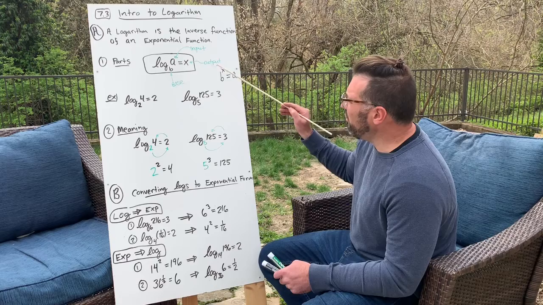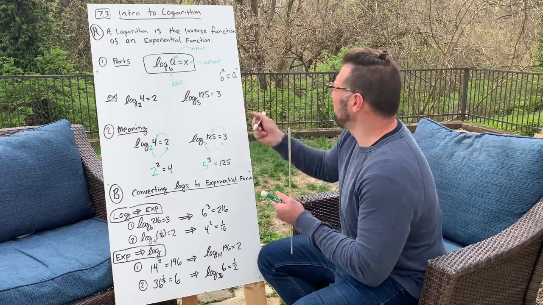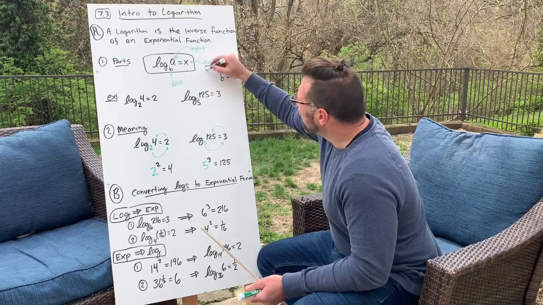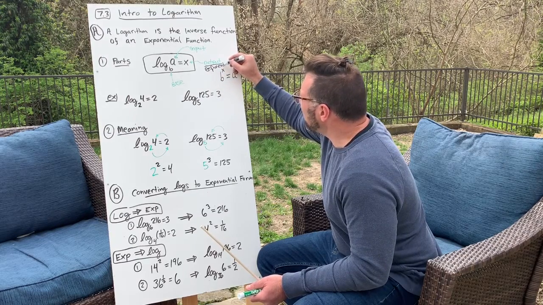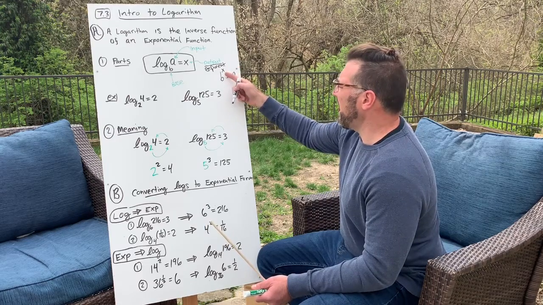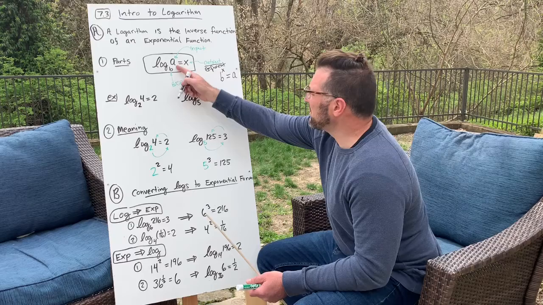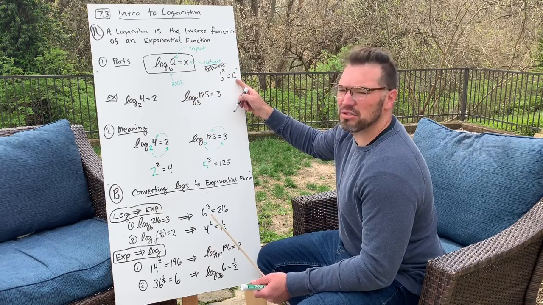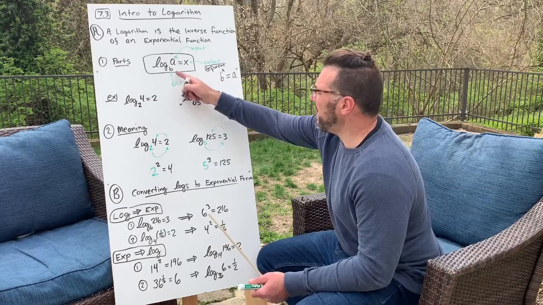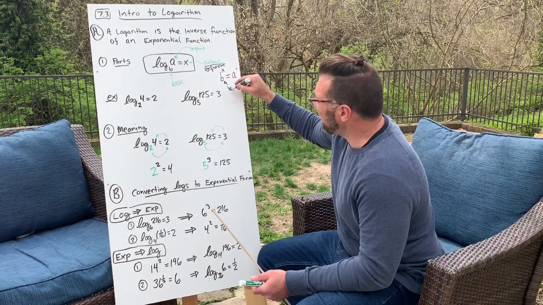And so the output of a log is related to the exponent on an exponential. Do you see it? The input of the log is related to the output of the exponential. And the base is the same on both log and exponential.